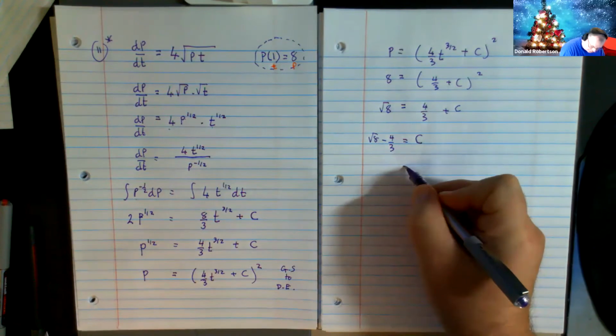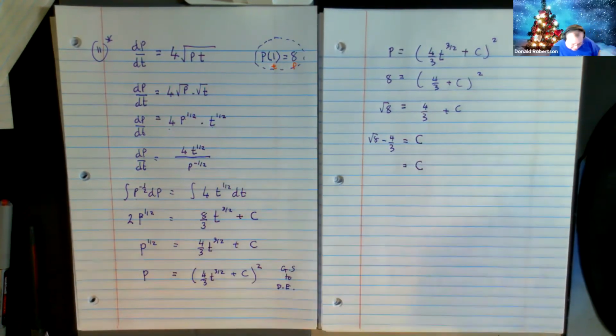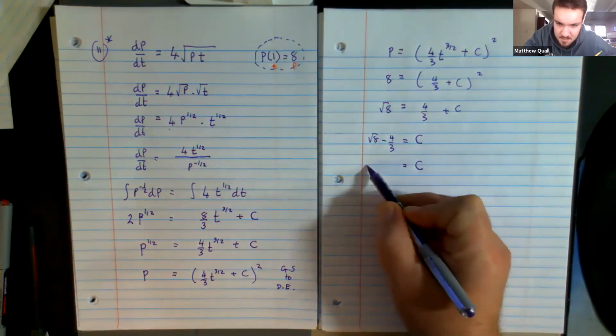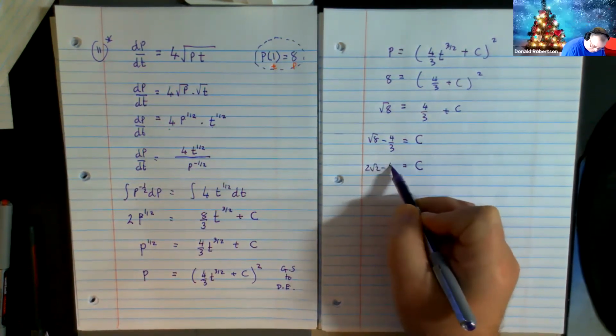And then I'm just going to pause for a second and say to myself, is there a better way of writing this answer? Is there something I could maybe do to make it a little bit prettier? Could you write square root of 8 is 2 times the square root of 2? Yep.